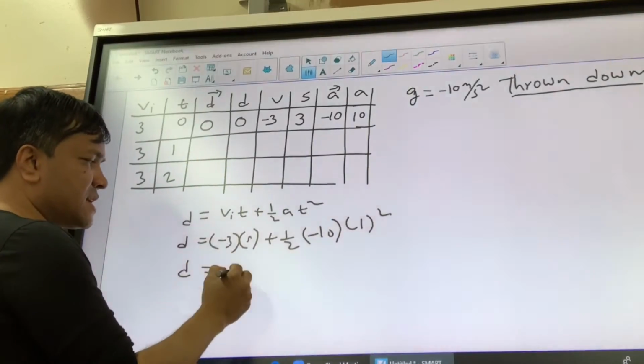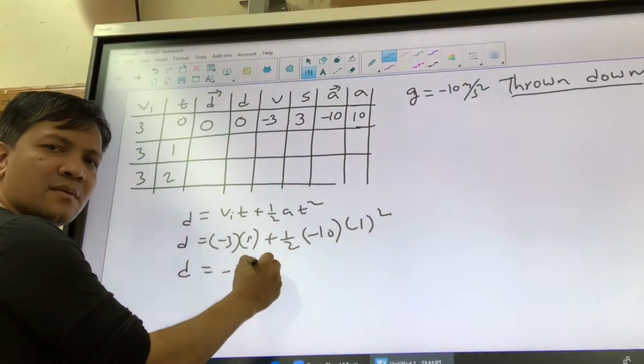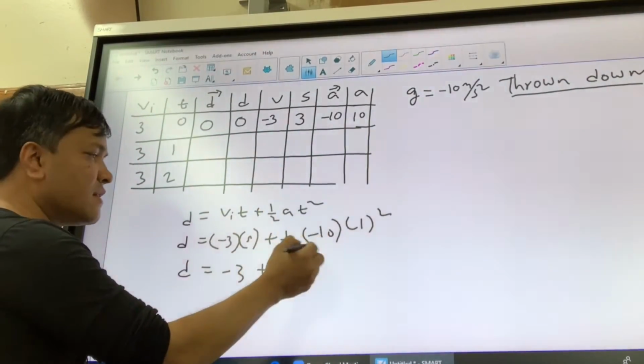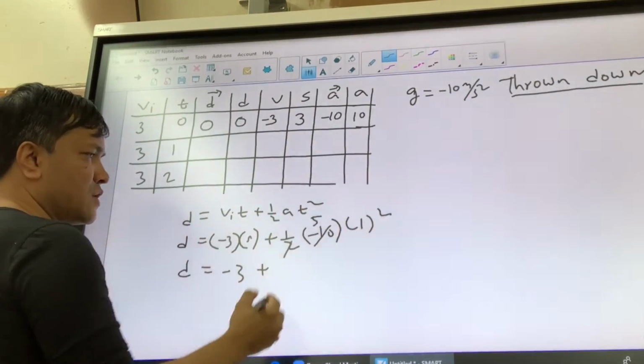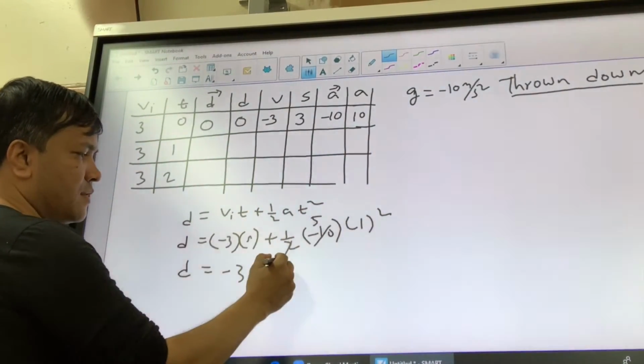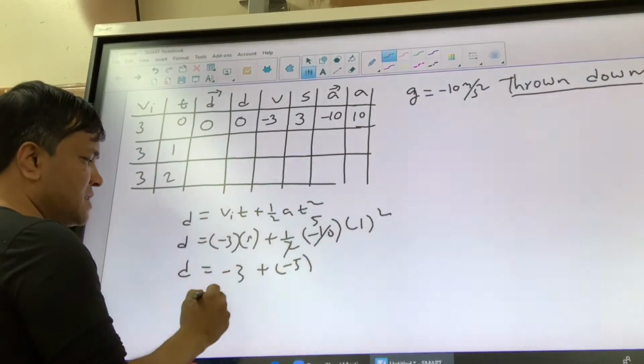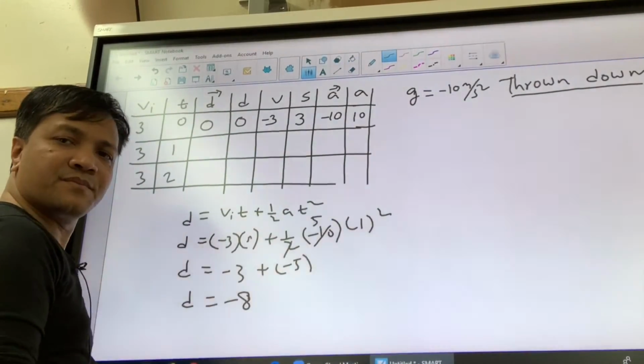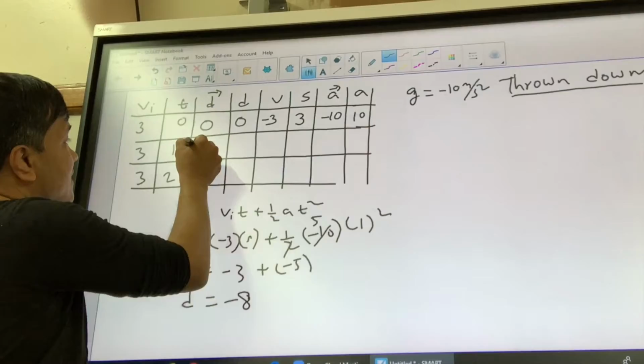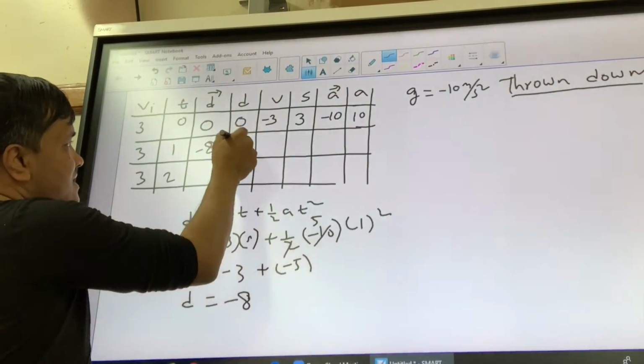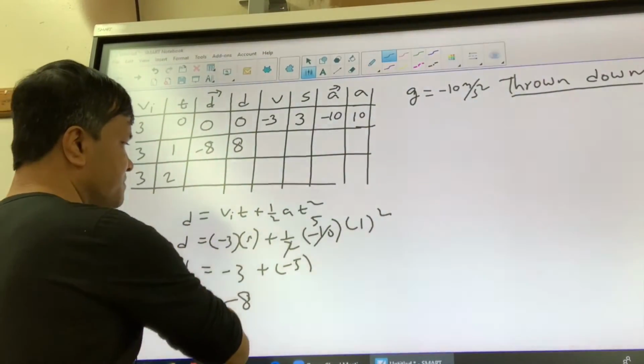So the displacement is -3 plus 2 goes to -10 five times, so you have -5. So displacement is -8. I'm going to write -8 over here. So distance then is 8.